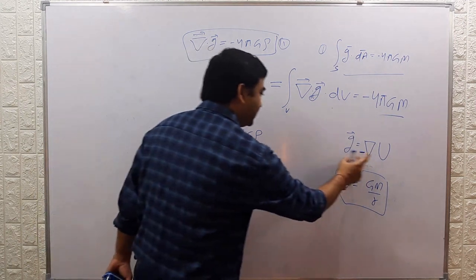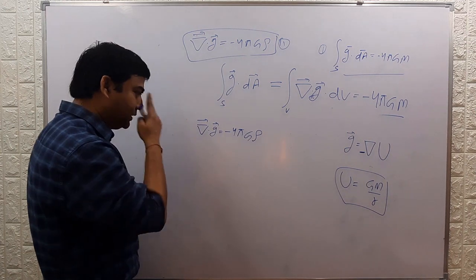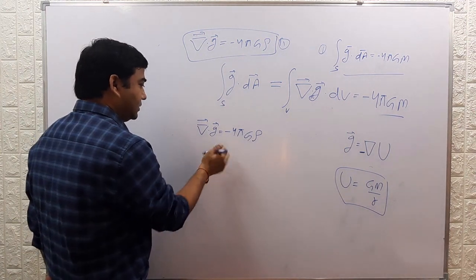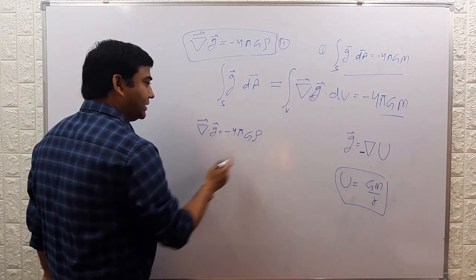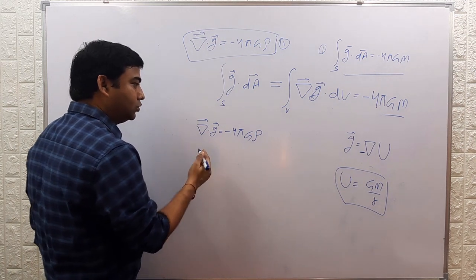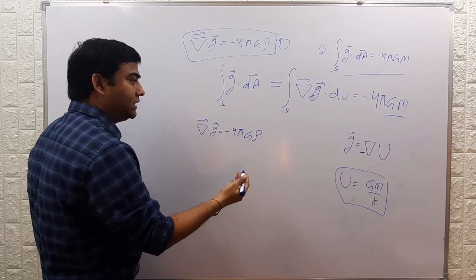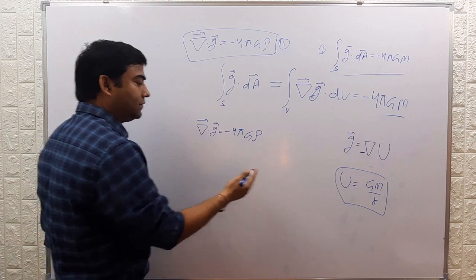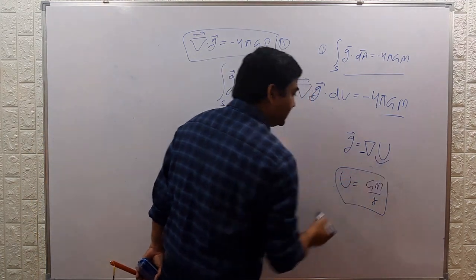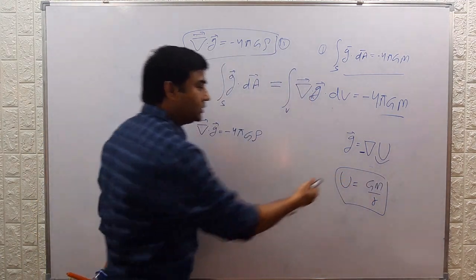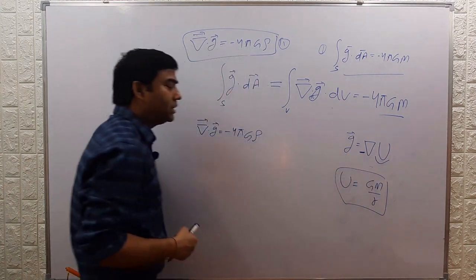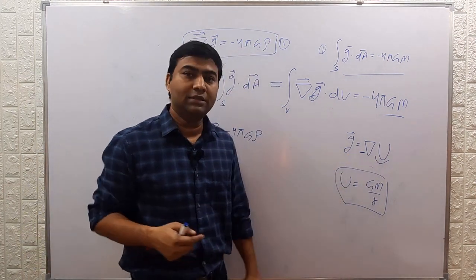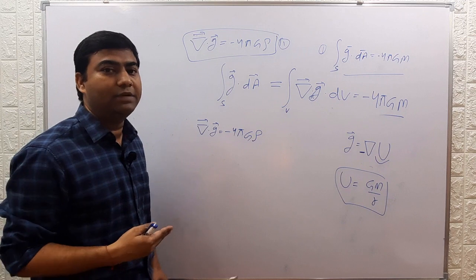So just replace G with this in this equation by the gradient of U, that is the gradient of the potential energy function, which is a scalar function. The gradient of this potential energy function will give you a vector function, which is the gravitational field.